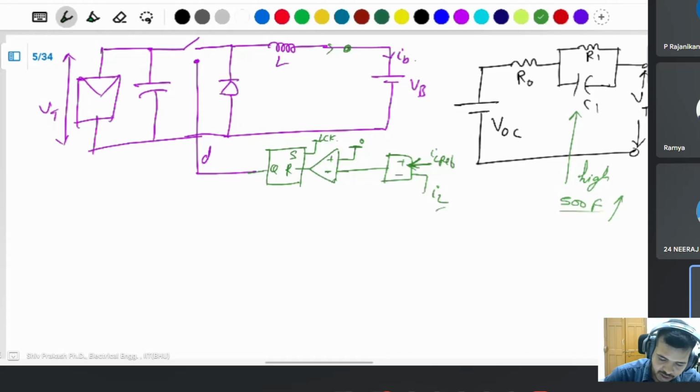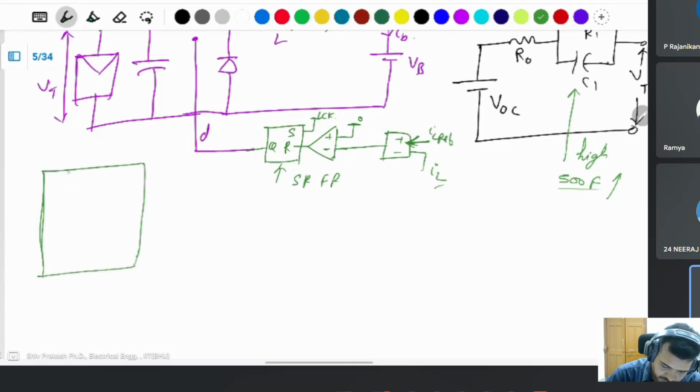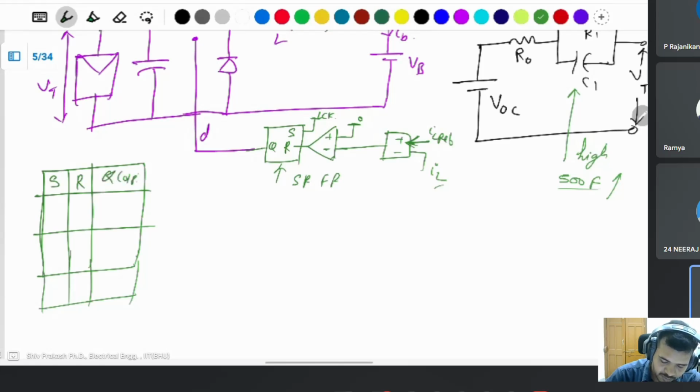You know about SR, this was the simple SR flip flop. You know about the truth table of this one. This is the state of this one.